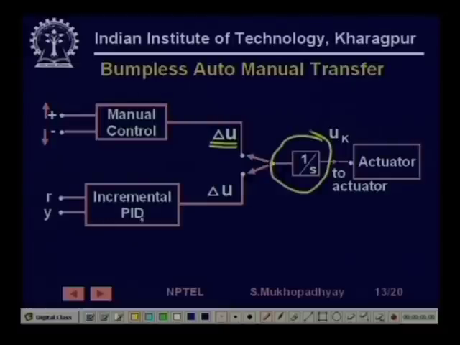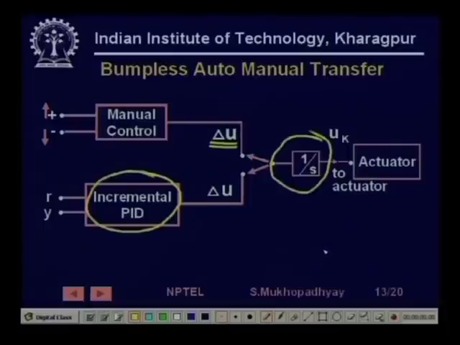And the PID controller also does not give you u, but gives you the incremental input delta u. Every time it computes delta u. How it computes delta u, we will see very soon. But suppose the PID control is implemented in a form known as the incremental PID form, and it gives you delta u. Now, what is going to happen?